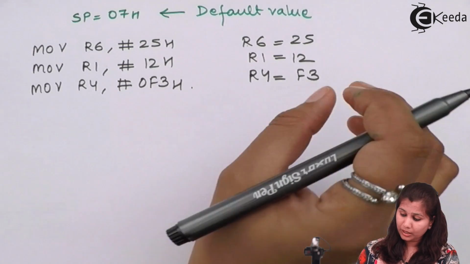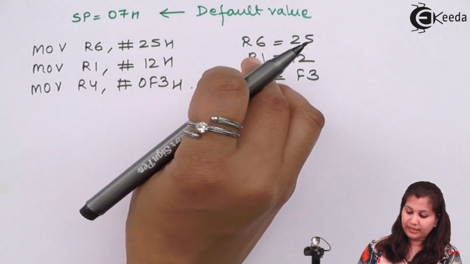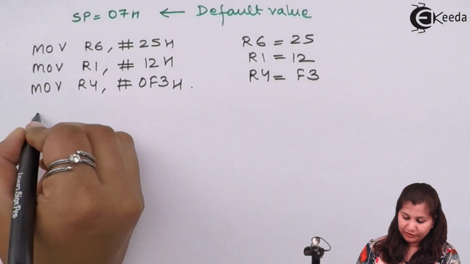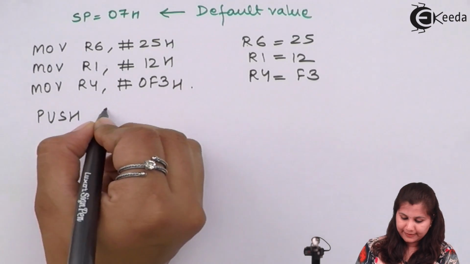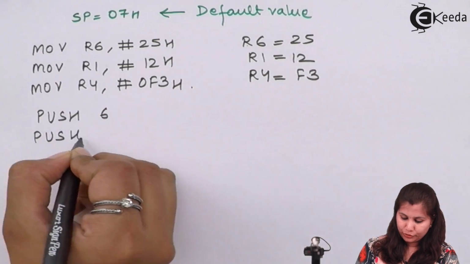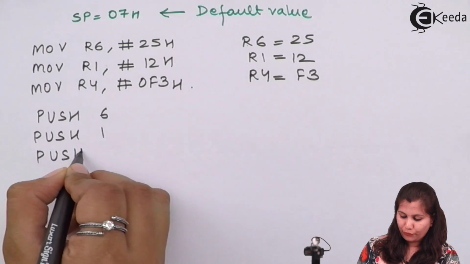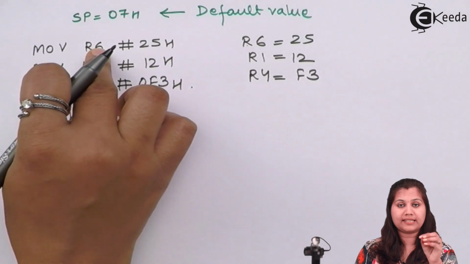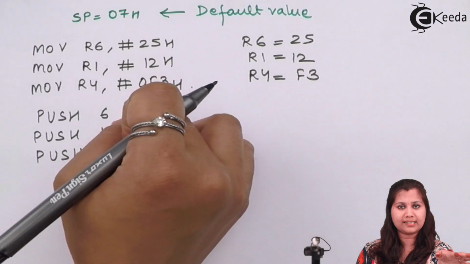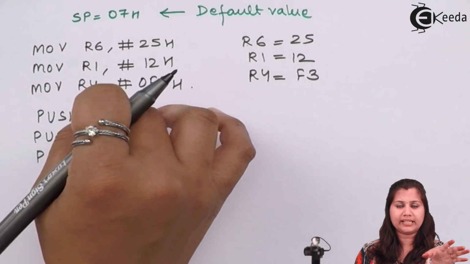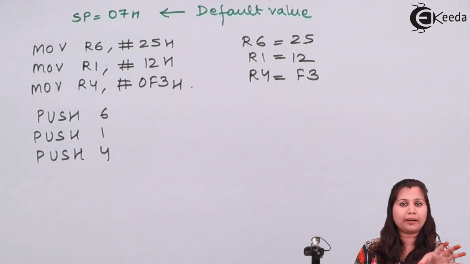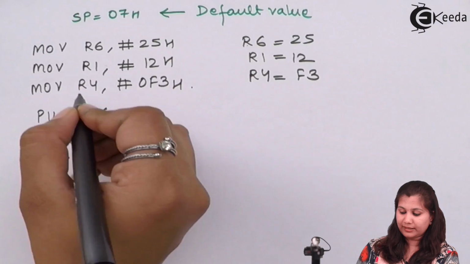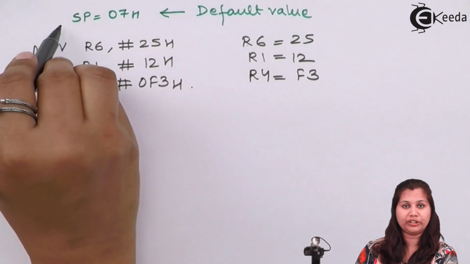Now we want to store the contents of these 3 registers into the stack. So we will write push 6, push 1 and push 4. Push 6 means the R6 register, the 6th register. We need not write R6 again. If we write 6, then the 8051 will know that we are talking about the 6th register of the register bank. So the contents of the 6th register, that is 25, will be stored into the stack.